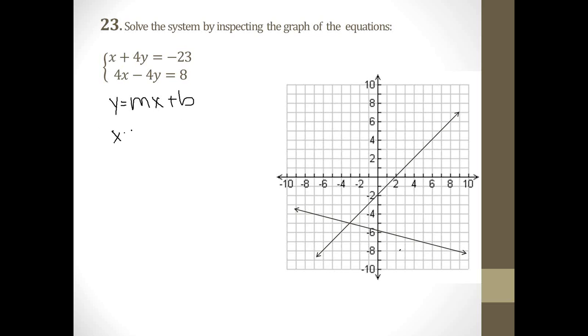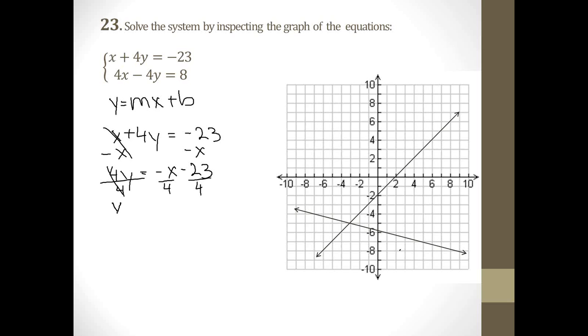The first equation is x plus 4y equals negative 23. So we're going to solve for y, subtract x from both sides, and then minus 23, and then divide by 4 each individual term.